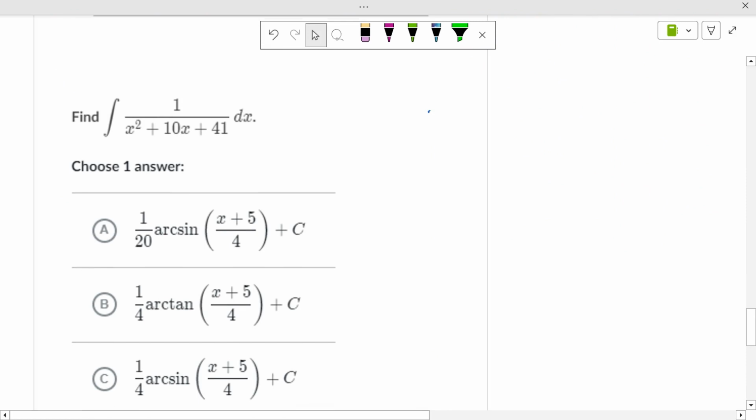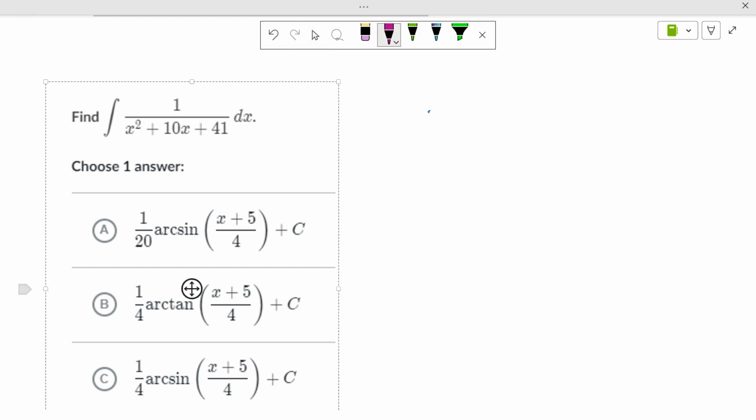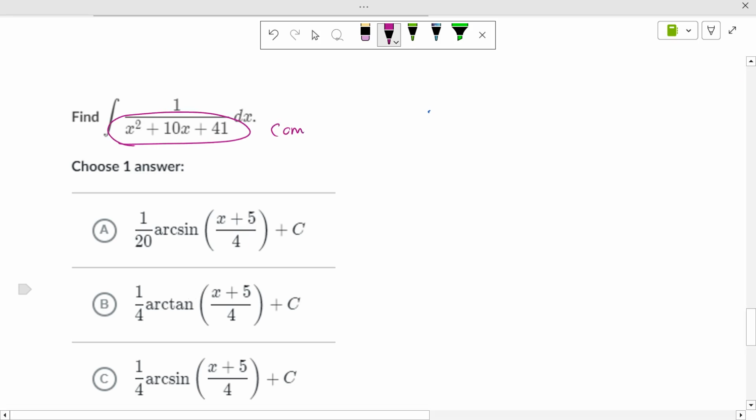When we see this, we think, okay, not long division. So I'm thinking it's going to be some sort of a tangent or something like that. Tangent, sine, whatever. Well, since there's no square root on the bottom, thinking tangent. But this looks funny. Well, what we have to do here is complete the square.